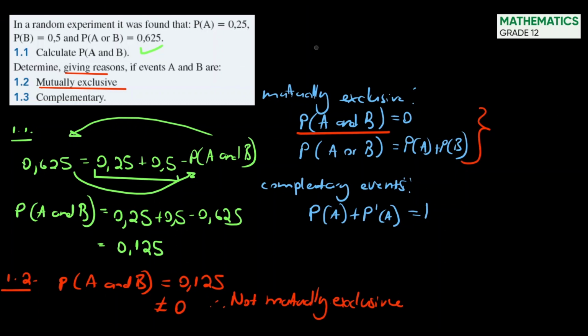The third question goes on to ask, determine, giving reasons, if events A and B are complementary. Are they complementary or not complementary? They cannot be complementary because they are also not mutually exclusive. The probability of event A and event B is not equal to 0.